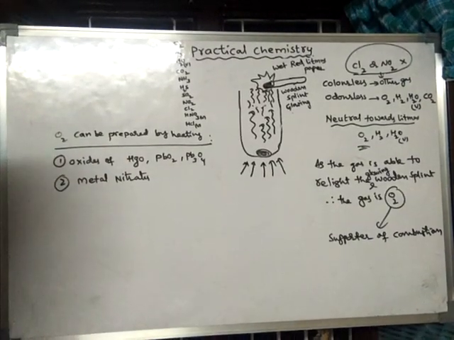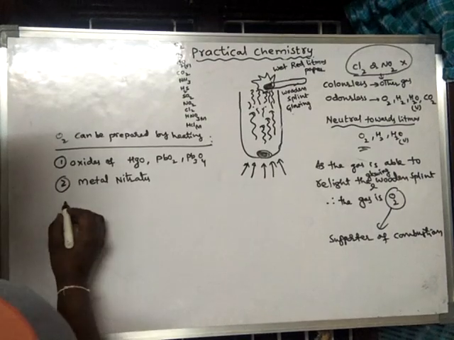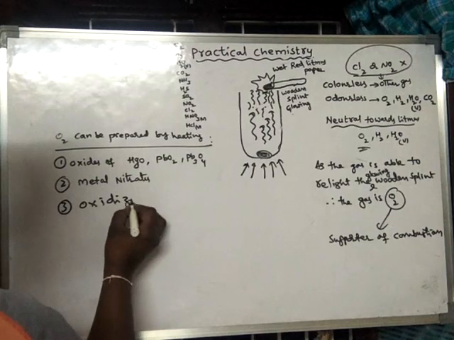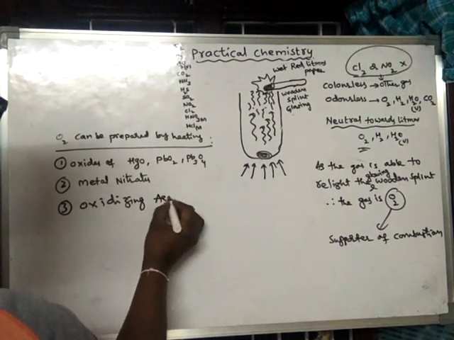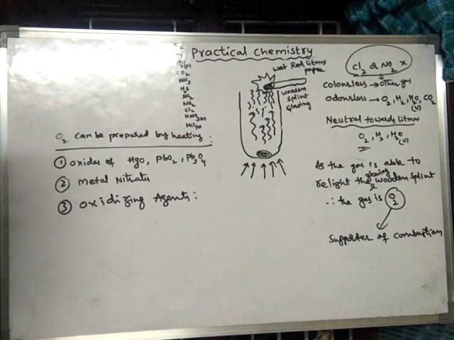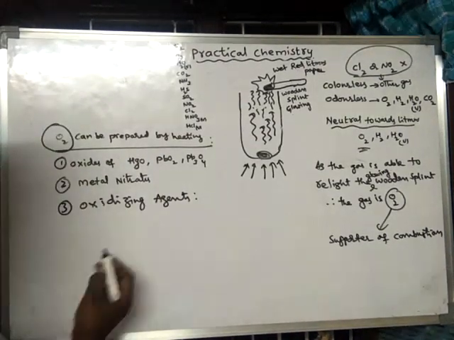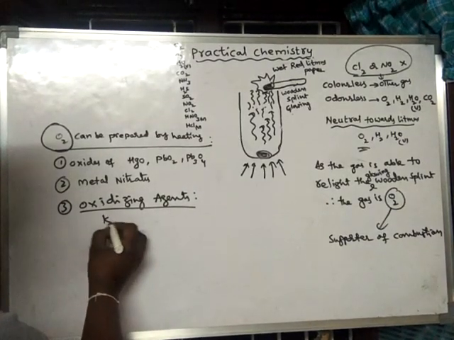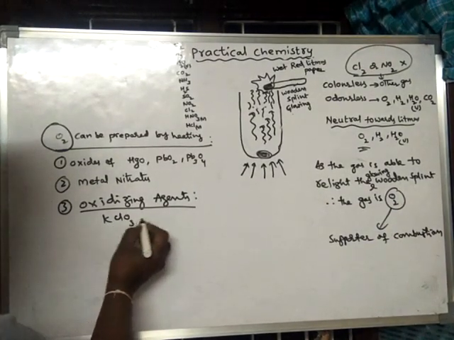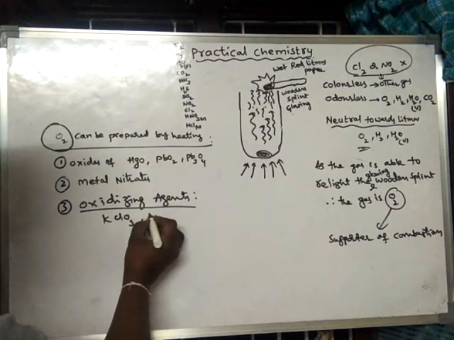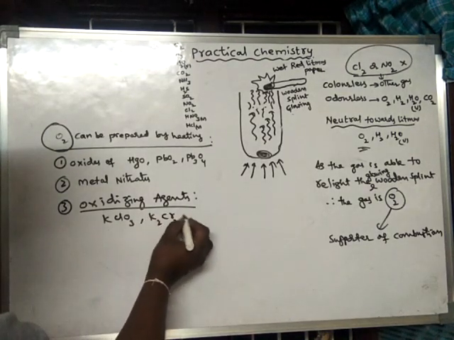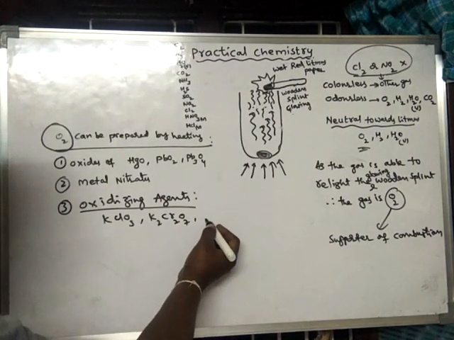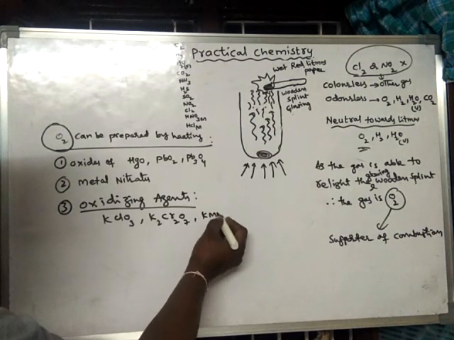Or else oxygen can also be prepared by heating oxidizing agents. For example, the oxidizing agents mainly potassium chlorate, KClO3, or potassium dichromate, K2Cr2O7, or potassium permanganate, KMnO4.